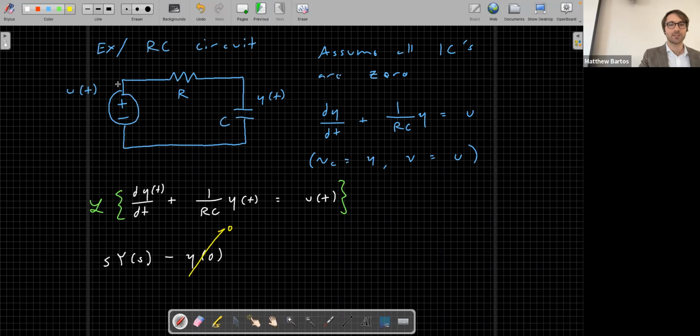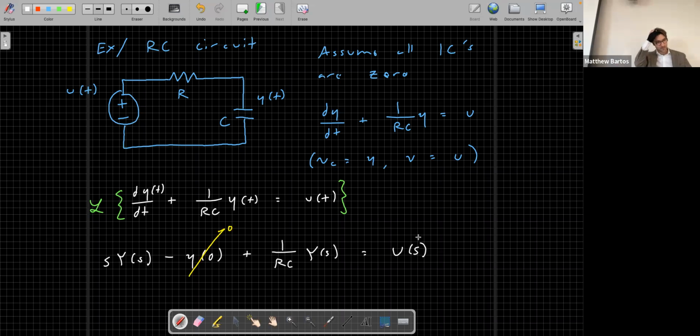What does this second term become? What does y(t) become in the frequency domain? Yeah, just big Y(s). So this will become 1 over RC big Y(s) is equal to, and what does u(t) become? Big U(s). Very good.